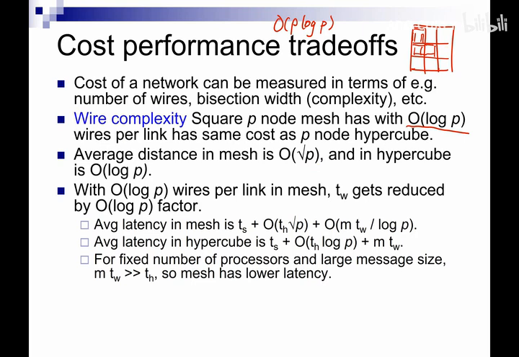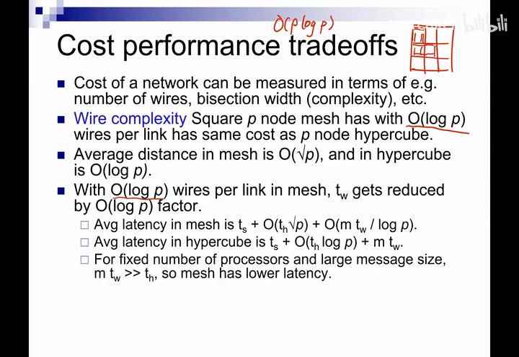But now let's look at the time to transfer messages in this augmented mesh versus a hypercube. Because you've increased the number of wires by log p for every link in the mesh, you reduce the congestion on the edge by a factor of log p.